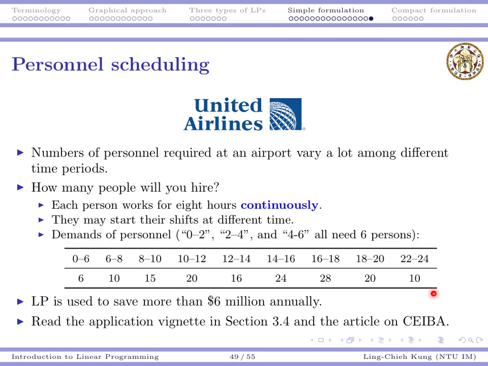If you do not use this kind of scientific way, if you use only experience or intuition regarding how to schedule people at different shifts, then probably you cannot find a very good or very efficient solution. But with linear programming, you are able to get a much better solution, and that can save you really a lot of money. Okay, read that story either in the textbook or in the article.